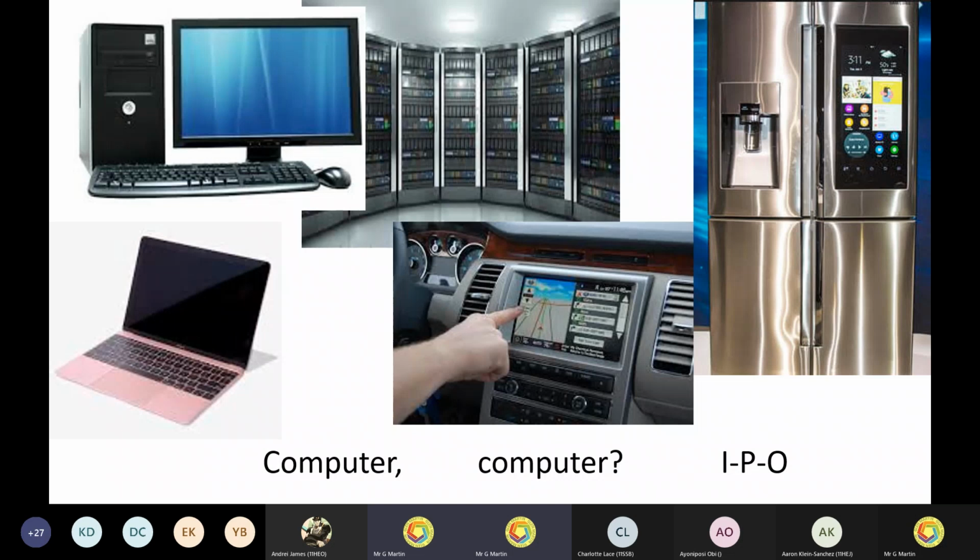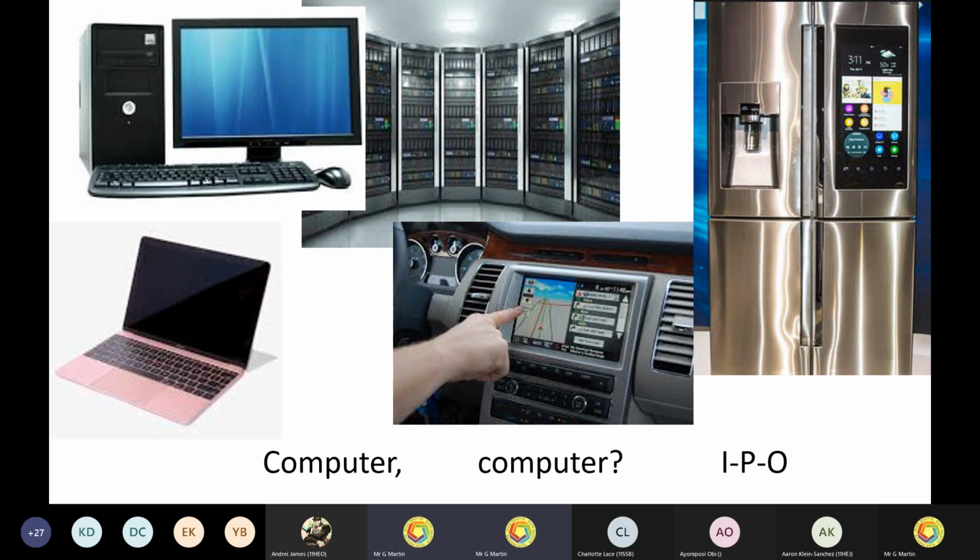So then what is a computer? What is a processor? So on the screen there are things that a lot of people call computers. Now the top left is a desktop computer, bottom left is a laptop, top middle is a supercomputer used in things like weather forecasting. But then a lot of people look at the bottom middle and say, oh look, a sat-nav system in the car, yep, that's a computer system.